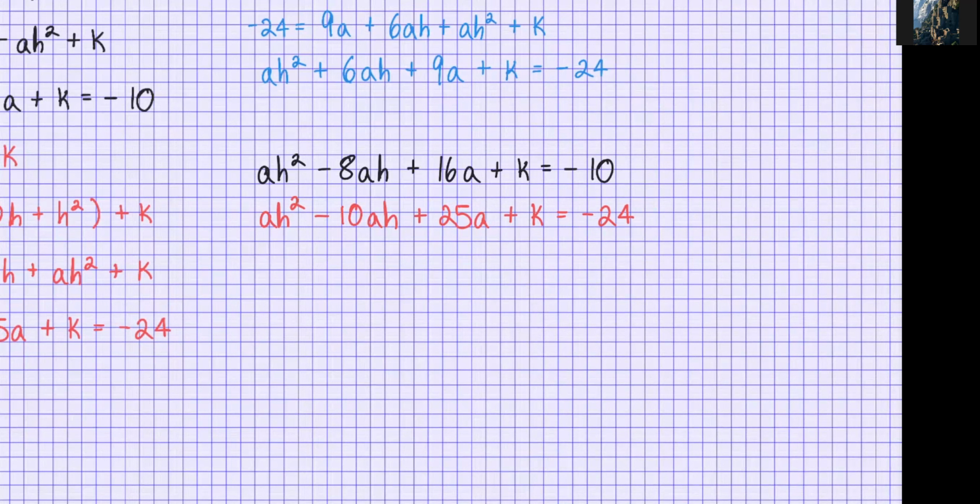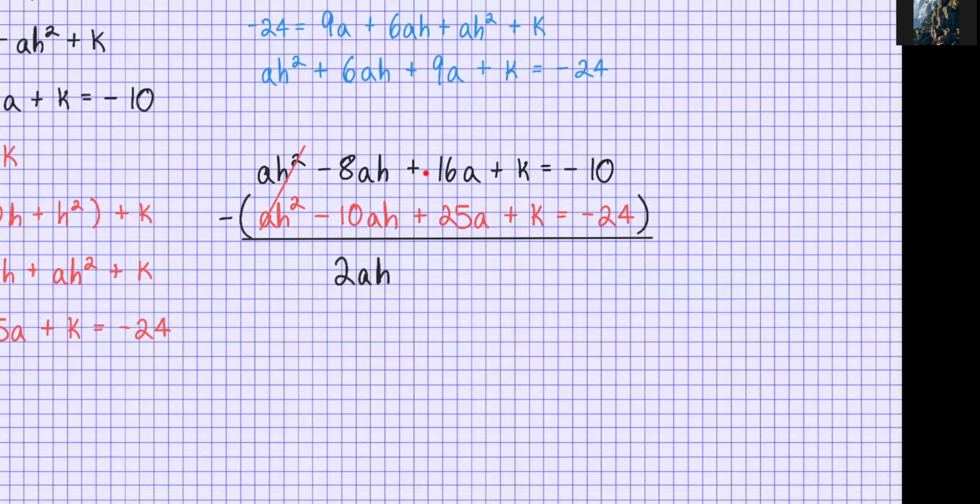Now, if you see, I have these terms alike. So I will just subtract them and come up with a new equation. I am going to subtract the second equation from my first equation. And that automatically cancels this term. So I have now negative 8 minus negative 10. I will end up with 2ah.